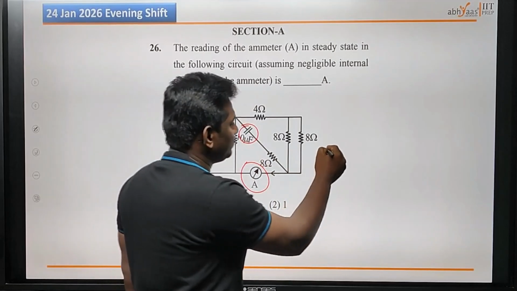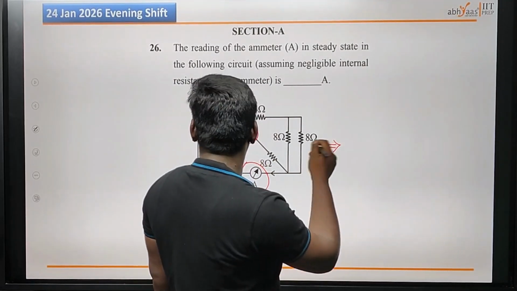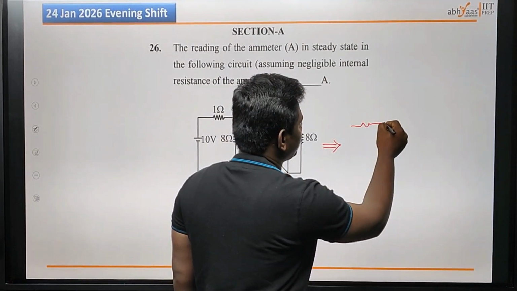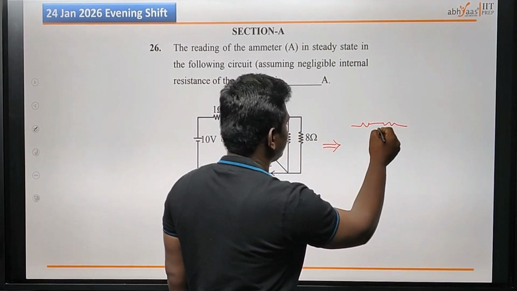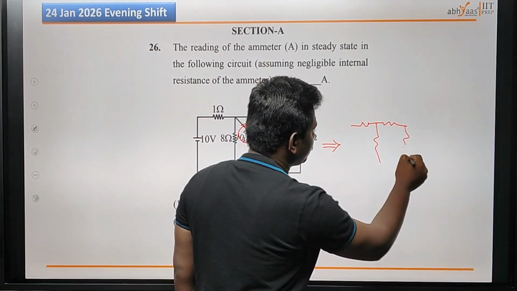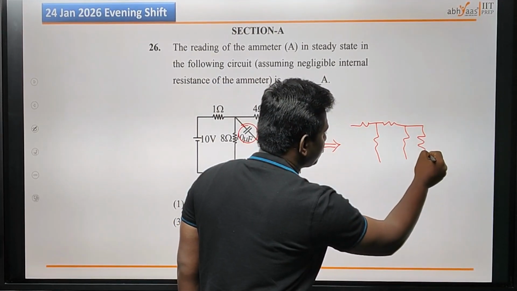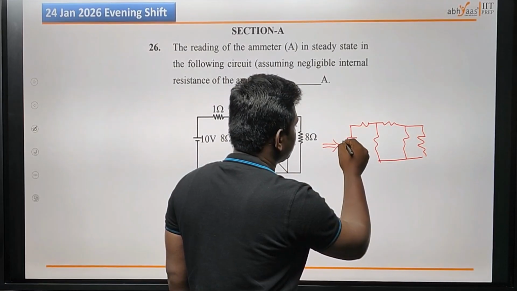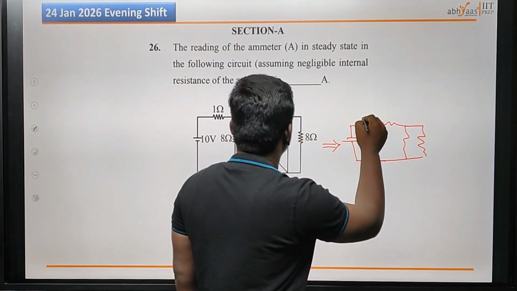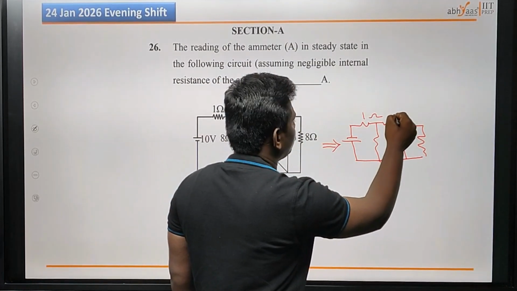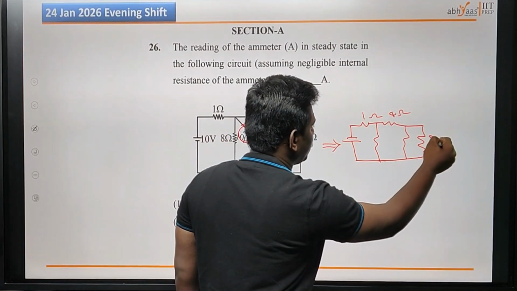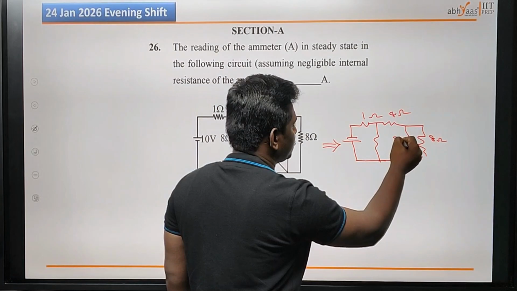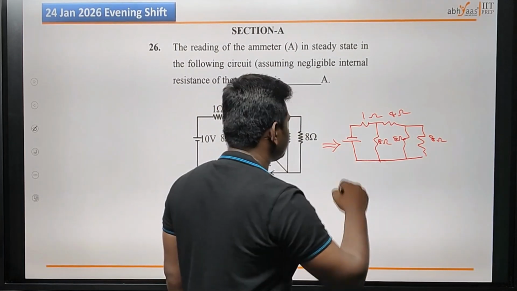If you redraw this circuit, this is 10 volts, 1 ohm, 4 ohm, 8 ohm and 8 ohm, one more 8 and 8 ohm.